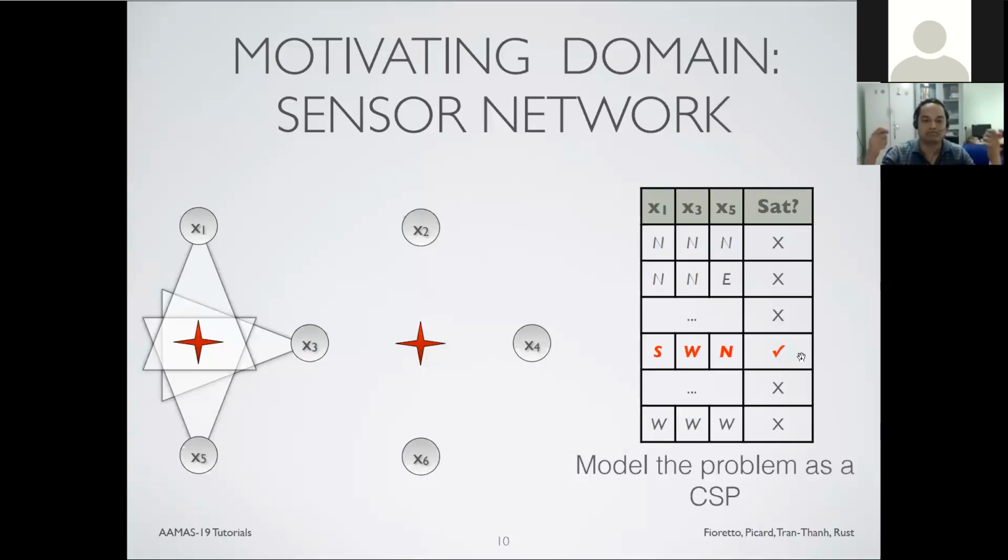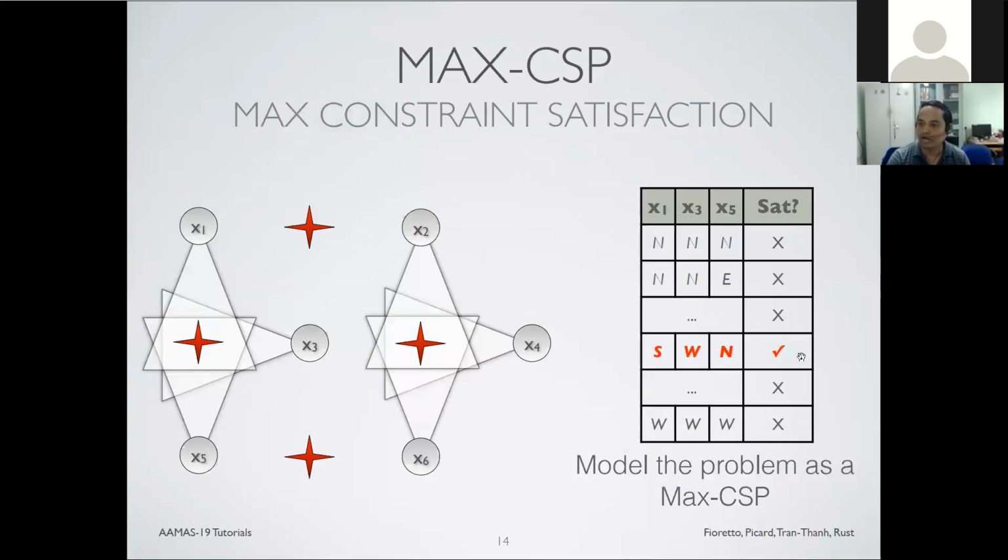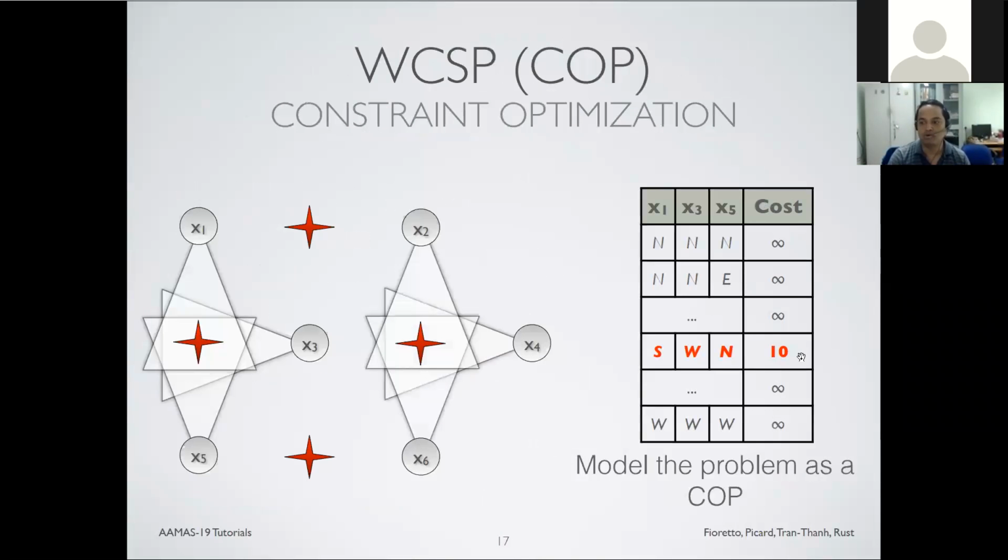The same problem can be modeled as a constraint optimization problem, where each constraint satisfaction has an associated value like cost. If it is a cost, then the total sum of the cost should be minimized. That is the objective of the problem. If it is a utility, payoff or profit, then the objective will be to maximize the sum of this profit.